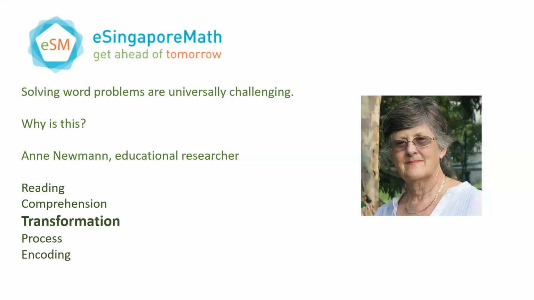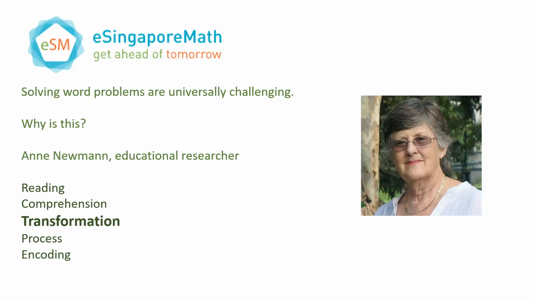A few decades ago, an Australian educational researcher named Newman did a very large study with students to figure out why word problems were so problematic. And she broke it down to five steps. There are 5 steps that students must perform in order to solve the problem.